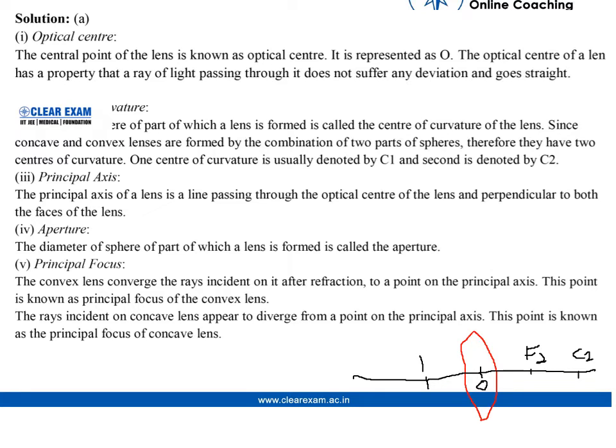So this is F1, and this is C2, sorry, C1.